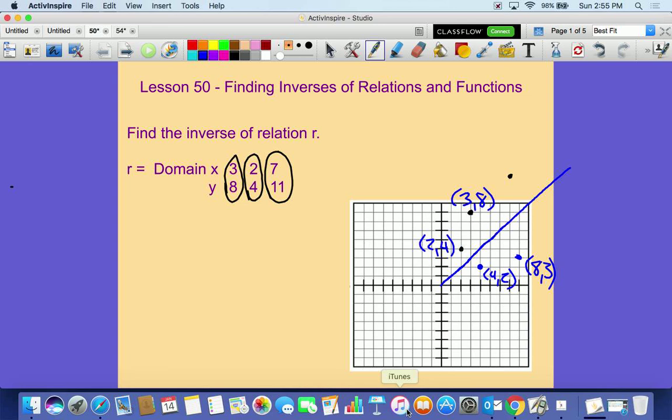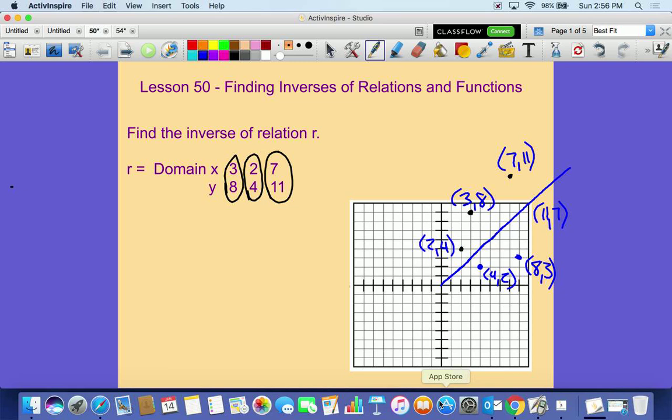If you noticed here, this was our original 2, 4. It became a 4, 2. What did we do? We switched the x and the y. Same thing up here. We had a 3, 8. Flip the x and the y, it becomes an 8, 3. And this last one, the point 7, 11, would be over here somewhere as the point 11, 7.